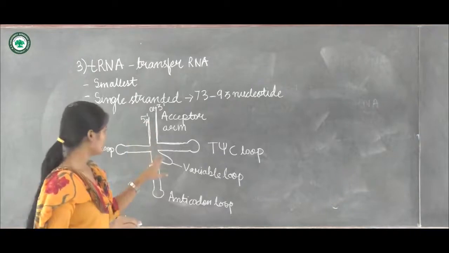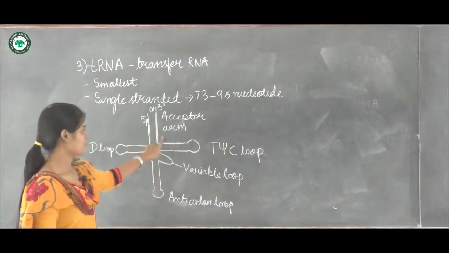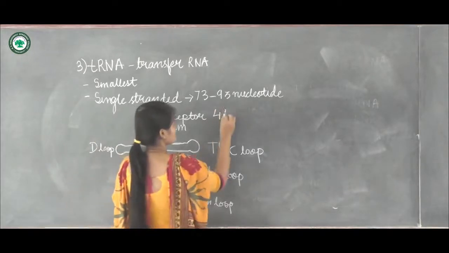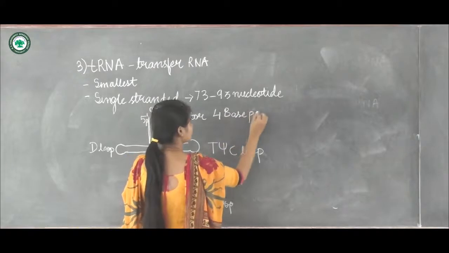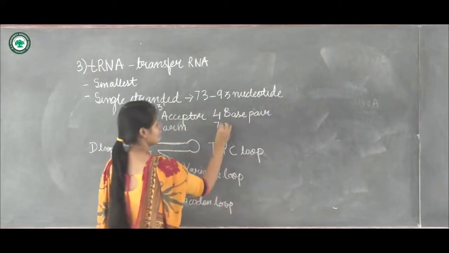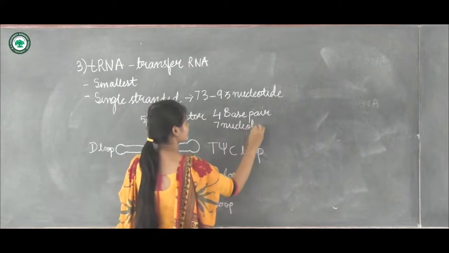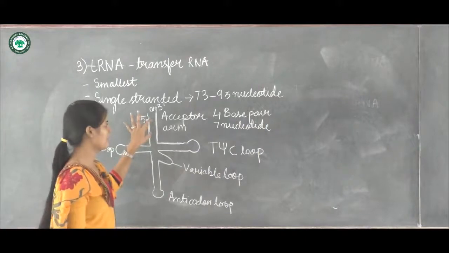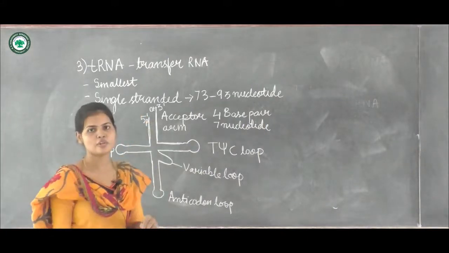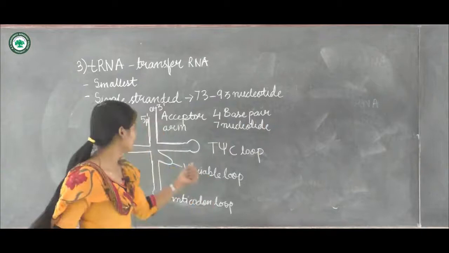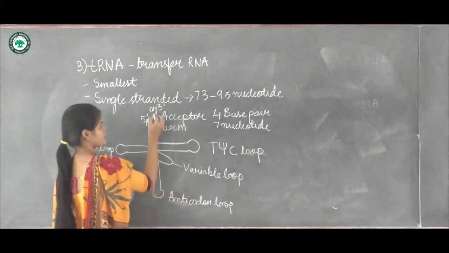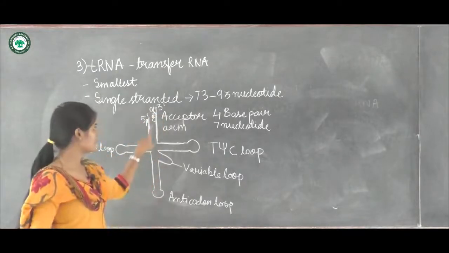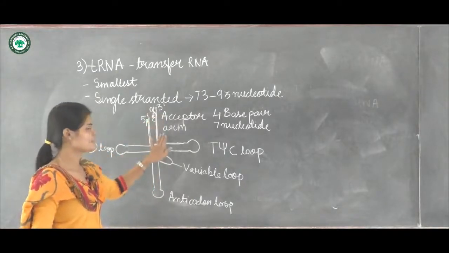This acceptor arm has 4 base pairs and 7 nucleotides, and it also has a conserved sequence at the 3' end, that is CCA.